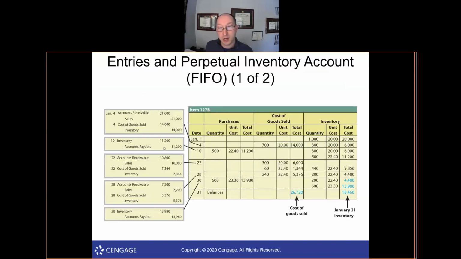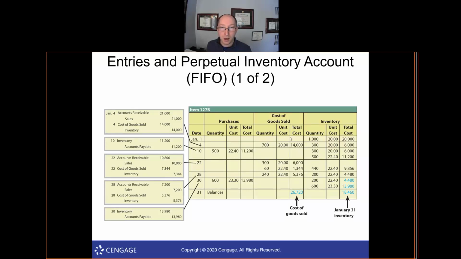So here's a nice graphical representation of that same item 127B that we talked about earlier. This is using the first in, first out method. January 1st, I purchased 1,000 of them at $20 a piece. That's $20,000 total cost. On January 4th, what happened? I sold 700 of those units for, what was it, $30, I think?